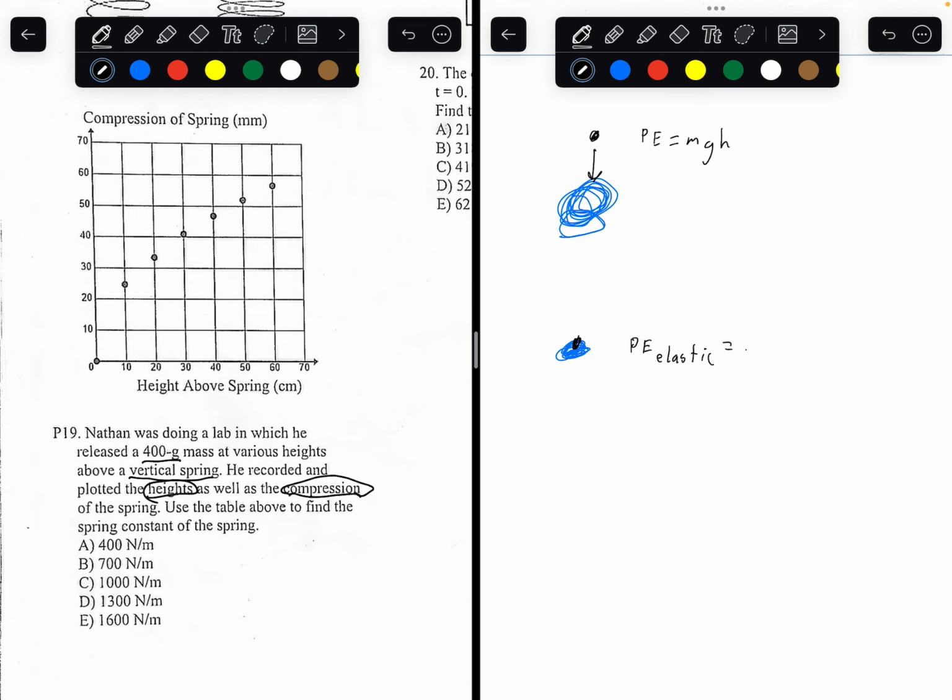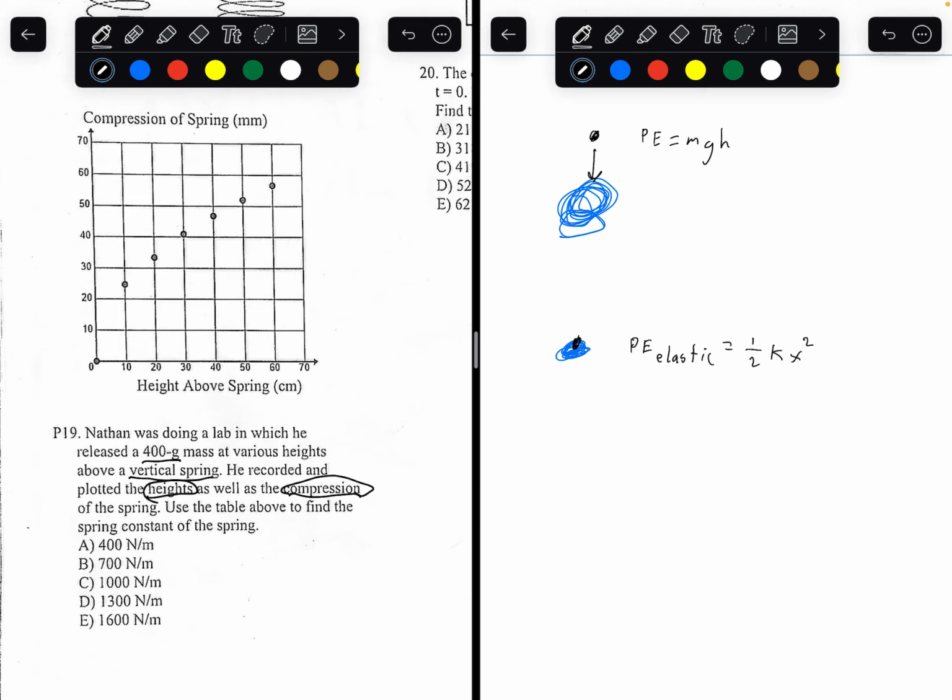It would be called elastic potential energy. The elastic potential energy is defined as 1/2 times the spring constant times the amount of compression or stretch, squared. In this case, it's compression. So 1/2 times the spring constant times compression squared.